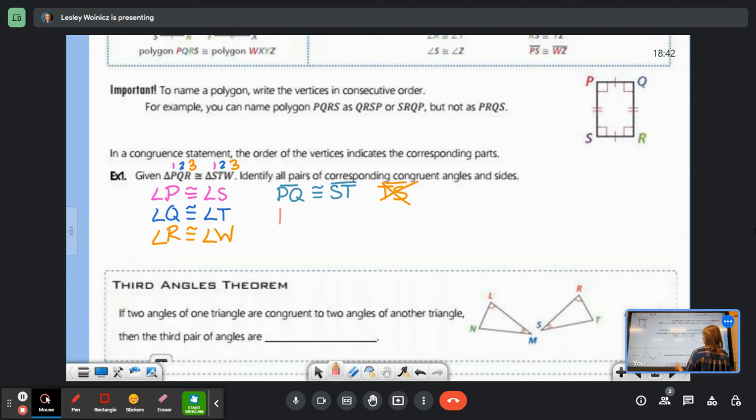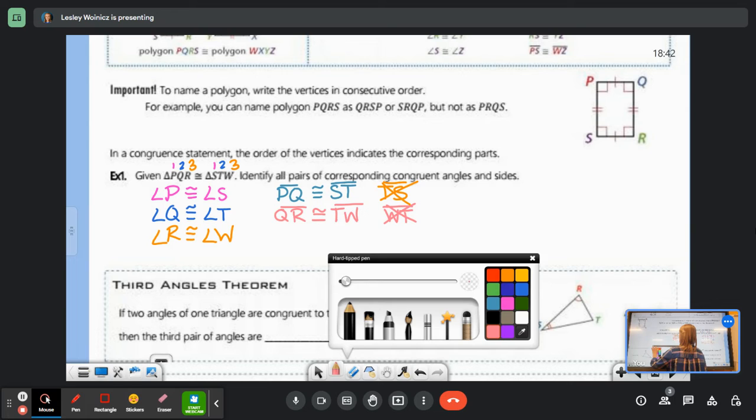What else? QR is congruent to TW. Notice that you cannot write WT. Those are backwards. Don't write them in backwards order. You have to go in the same order that they're given to you.